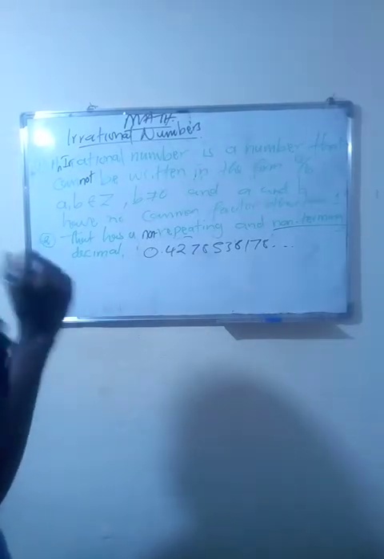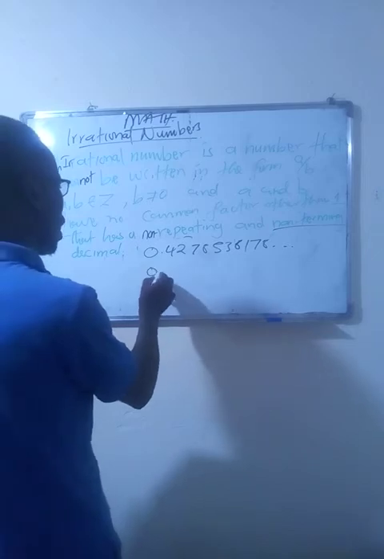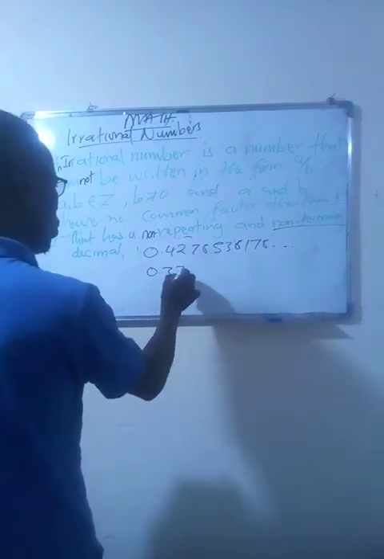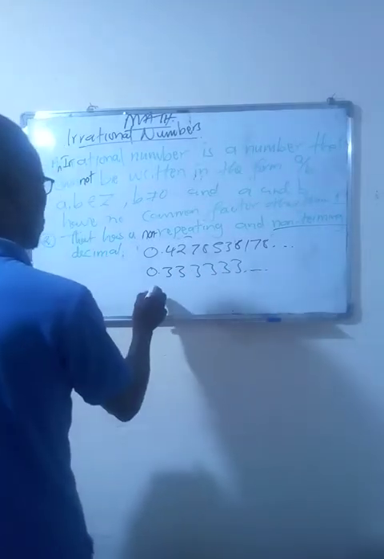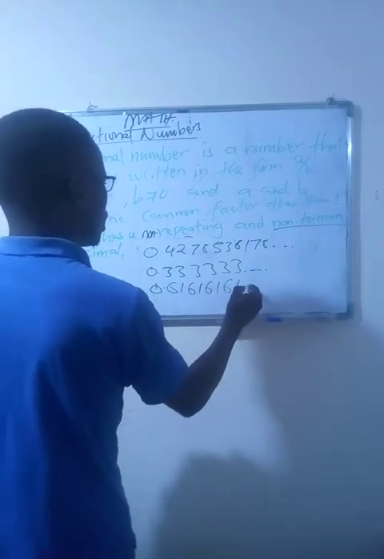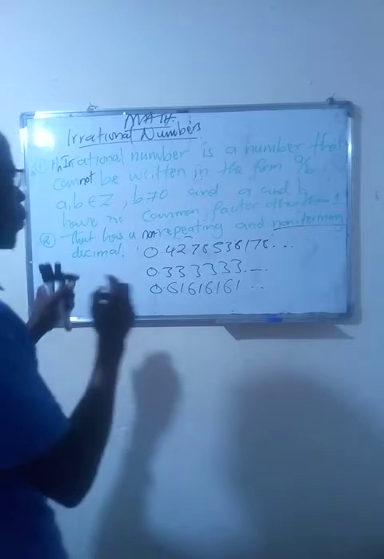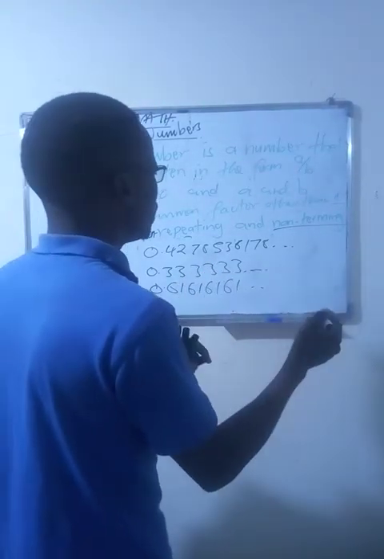You get the point? Unlike in the case of rational numbers where we would have a decimal which is repeating itself, or maybe you can have 61616161 and so on. So you can see that in the case of the irrational number, those decimals are not repeating themselves in any order.